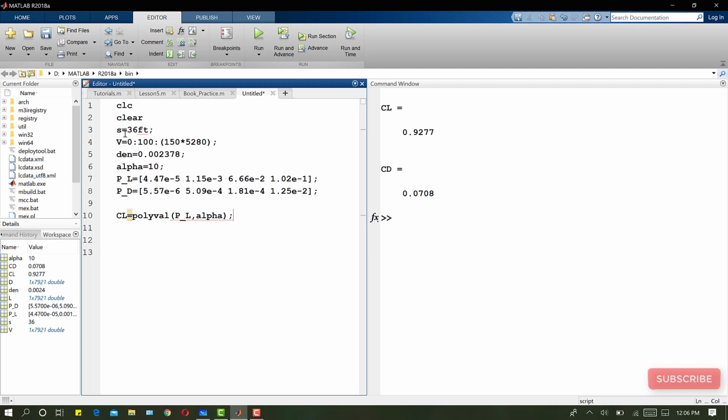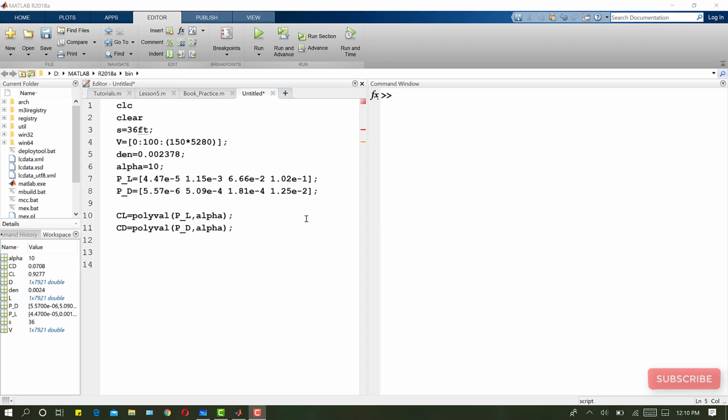So this is alpha. And now similarly I will write CD to find the coefficient of drag. I will copy this, and only change this to CD and this. So it will find the CL and CD values.